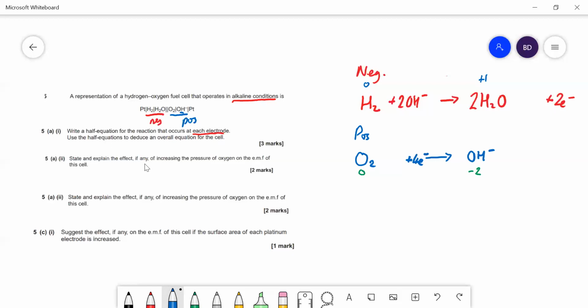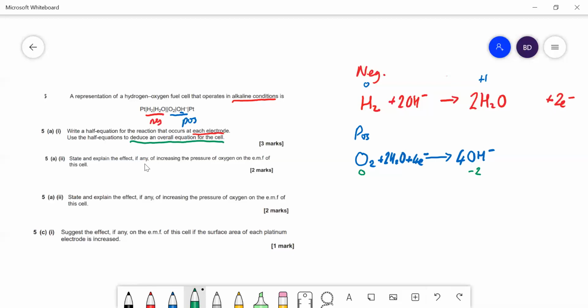Then we balance charges. We've got 4 negatives on the left and only 1 OH- here, so we need to multiply that by 4. Then finally we balance by adding water. We need 2 water molecules on the left-hand side of the equation, 2 H2O there.